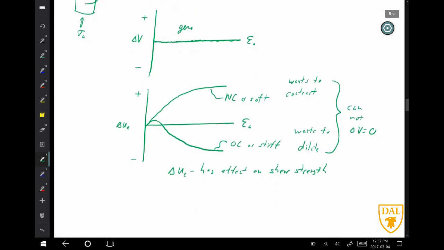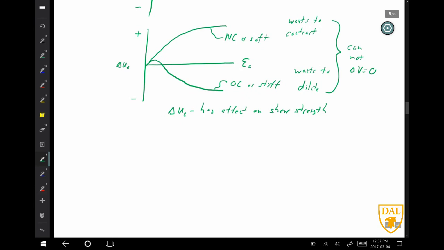Through the effective stress equation. Which is connected to the failure criterion that we use.